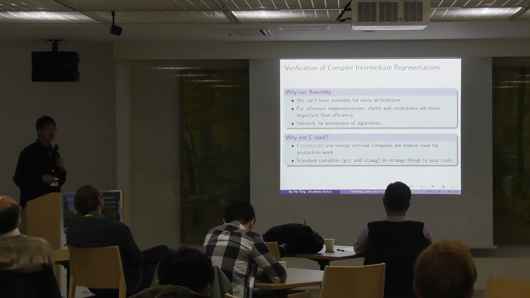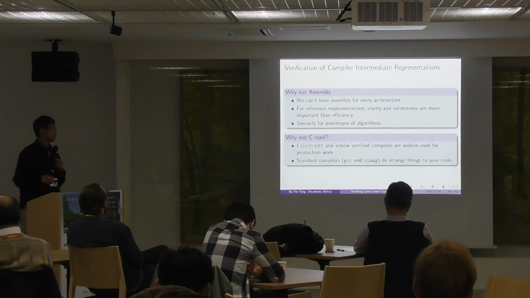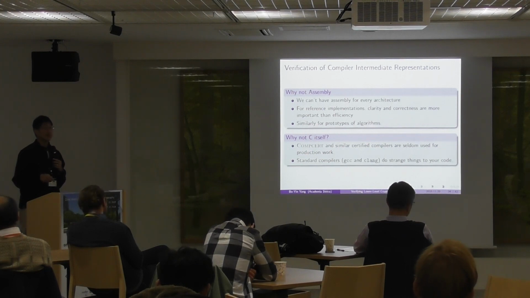And the next question is, why do we not verify the C language? The answer is, not many people use CompCert or any other certified compiler. So even though your C code is correct, you don't know that the assembly language and intermediate language is correct.